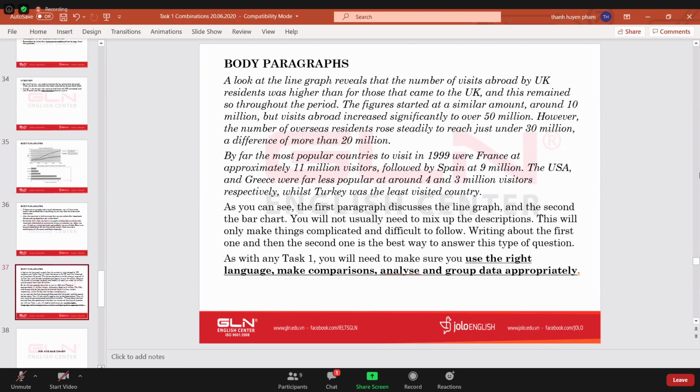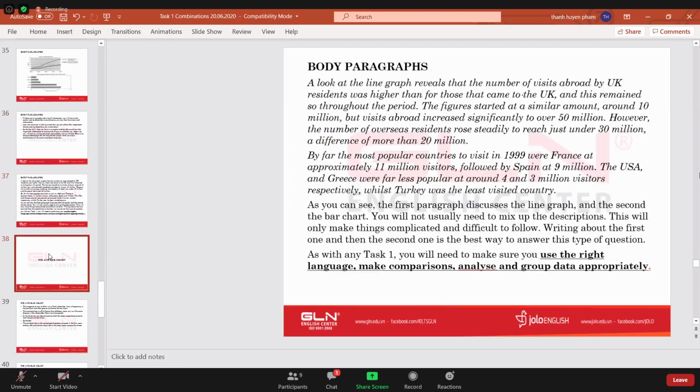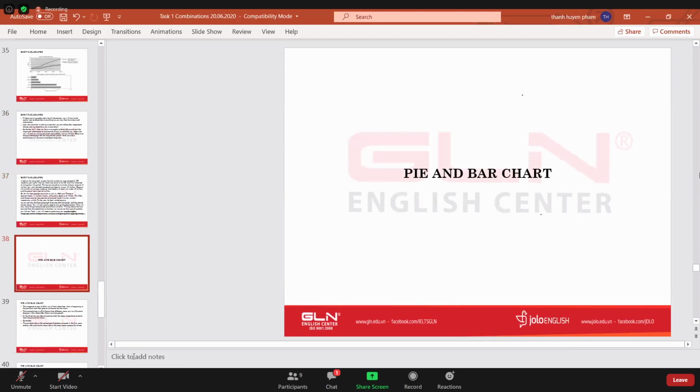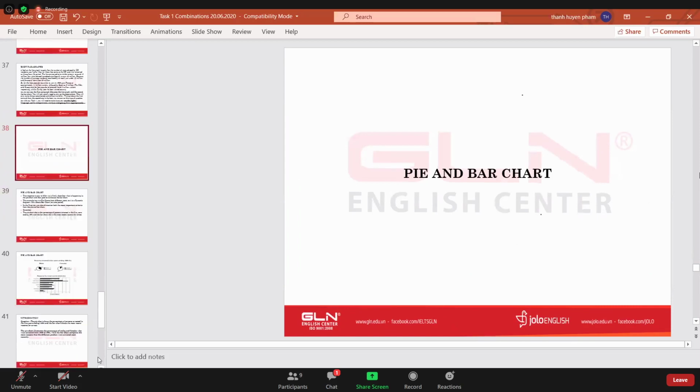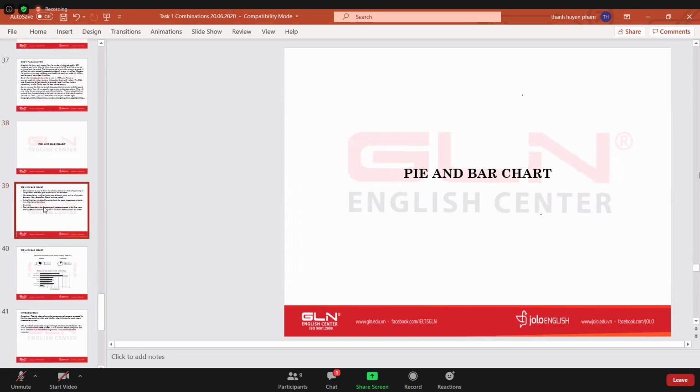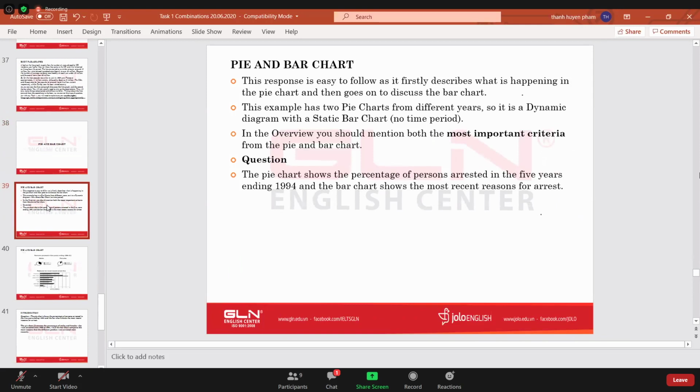So let's have a look at the last example today. So this is a pie chart and a bar chart. And it is a little bit unusual. I'll explain that in a minute, why it's unusual, but it is a little bit unusual. So this response is easy to follow as it firstly describes what is happening in the pie chart and then goes on to discuss the bar chart.